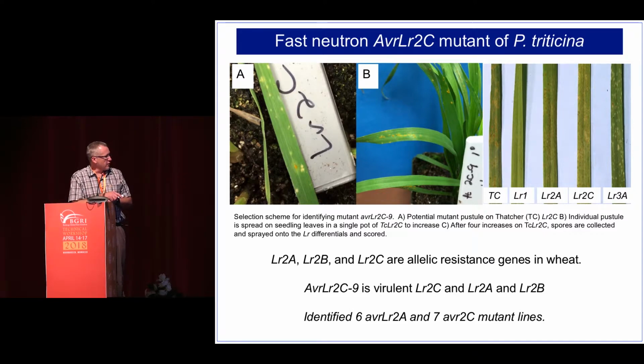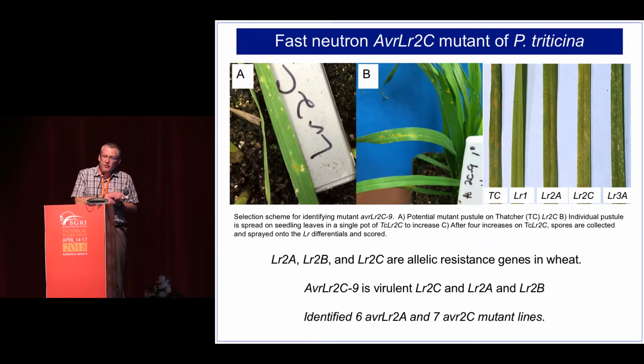The cool thing about this Lr2C mutant is that Lr2A, 2C, and 3A are the first set of the differential lines. When we sprayed this particular 2C9 mutant, it turned out that it was not only high on 2C, but also high on 2A and 2B.